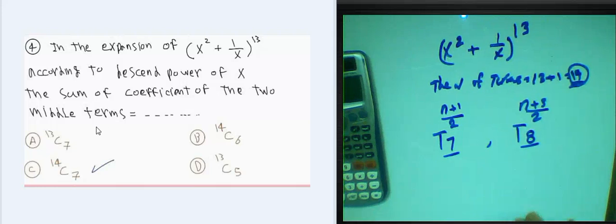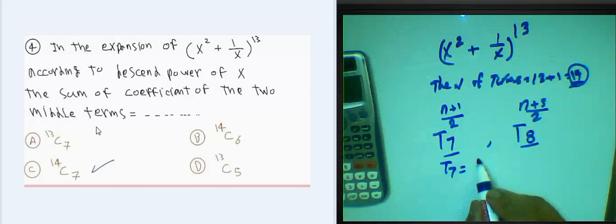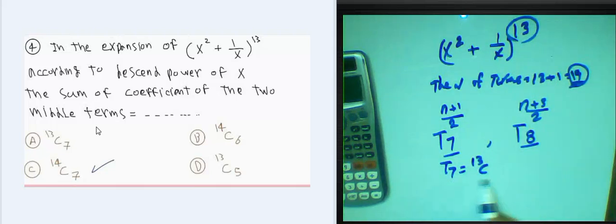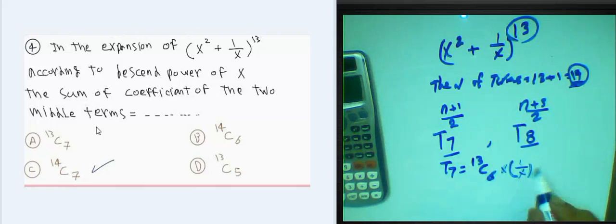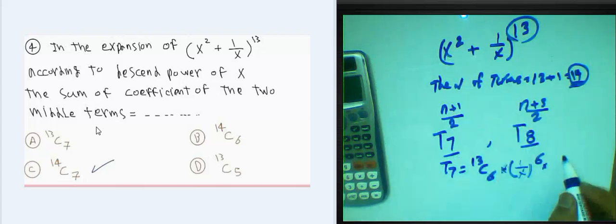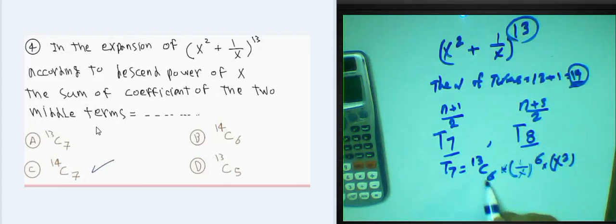We can find term 7 by the rule. It will be 13 combination 6, times the second, 1/x, to the power of the base 6, multiplied by the first, x², to the power of the difference between 13 and 6. 13 minus 6 equals 7.